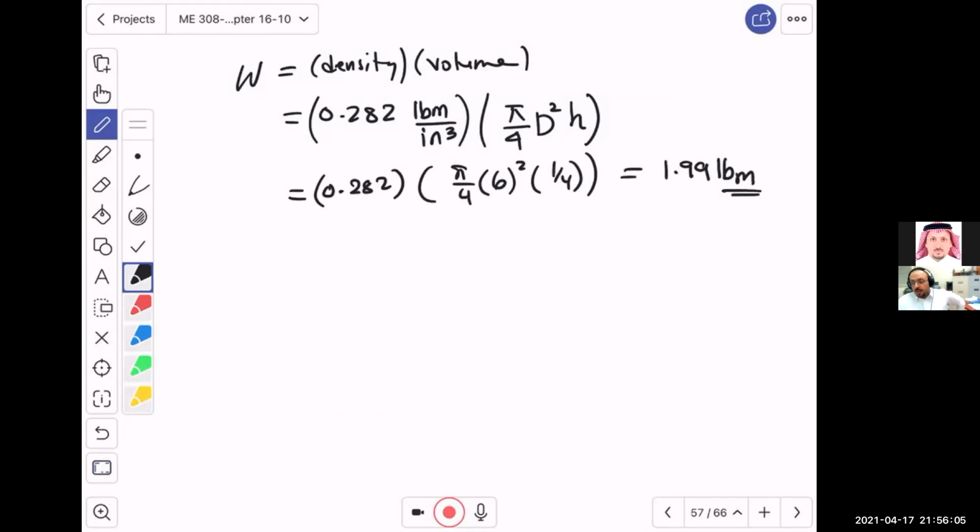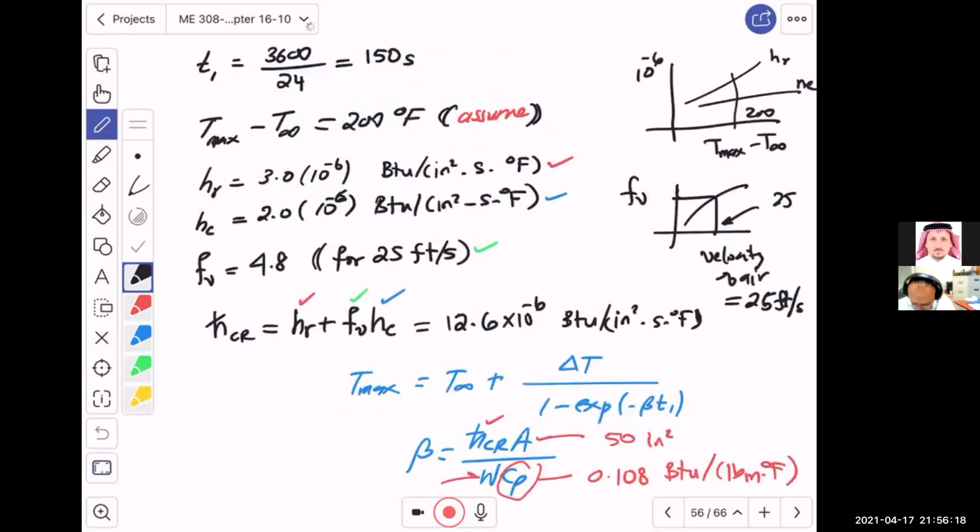Now, next is to find, remember, if you go back here, we still have a struggle. We found everything in beta. We found T1.